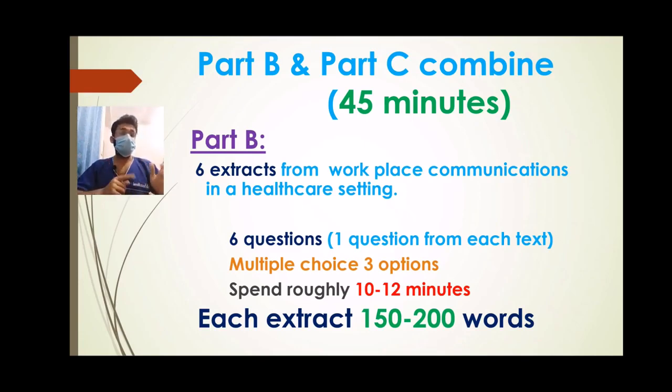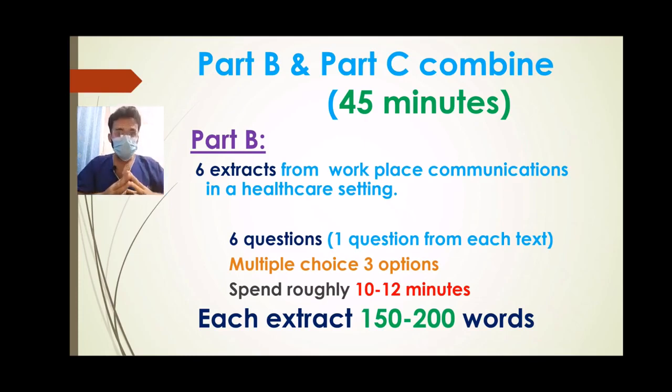And there is one other important thing: each question in part B will be a multiple choice question with 3 options, and 1 option will be totally wrong, irrelevant to the text. 1 option will be out of the text, so the third and the remaining option will be your answer.